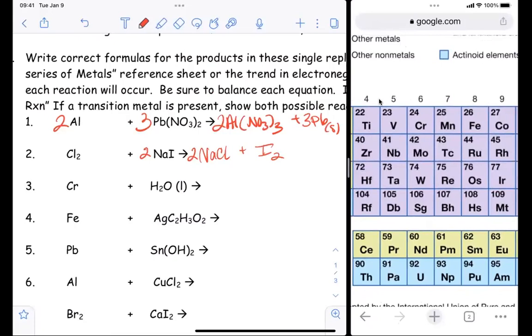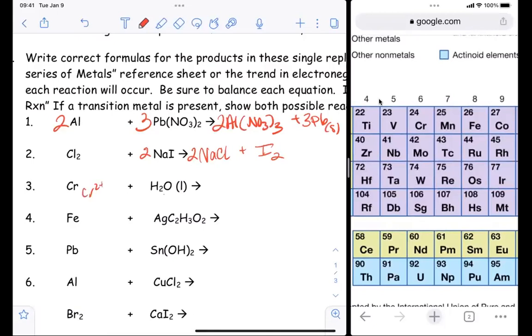It replaces one of the hydrogens, not both. It is up to you which of the 3 charges you would like to use for chromium, because there's no indication here of which one it would be. I tend to go with the first one, or whichever one will make the formula the easiest for me. So I'm going to go with chromium 2.